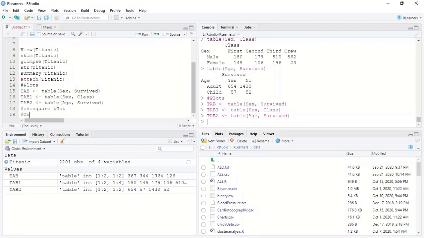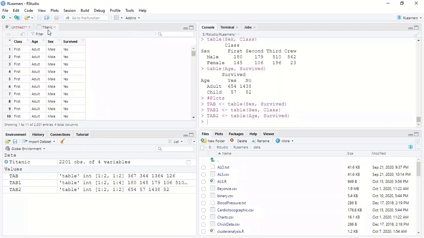It's called chi-square tests of independence. So we want to know whether your survival was dependent on the class that you are in, or whether your survival was dependent on your age, or whether it was dependent on class, age, or sex.